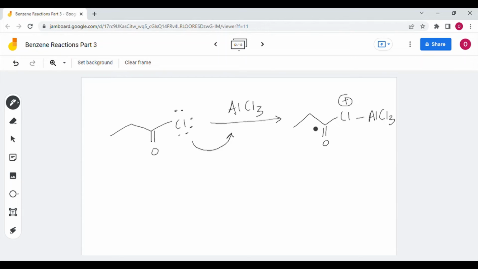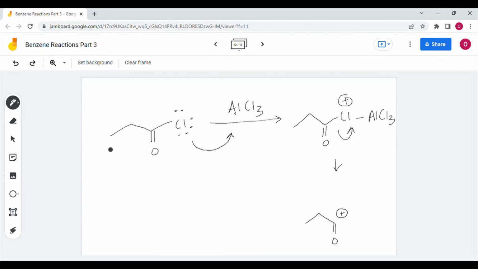So the next step is having this bond break, thus resulting in the carbocation being on this carbon, right? So what you might notice is that if this were to be a Friedel-Crafts alkylation, there would be no double bonded oxygen, right? And as a result, a hydride shift would occur.